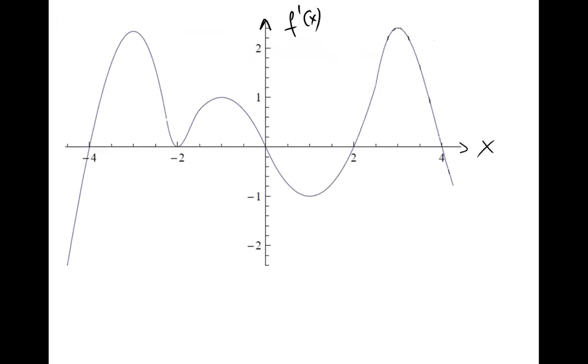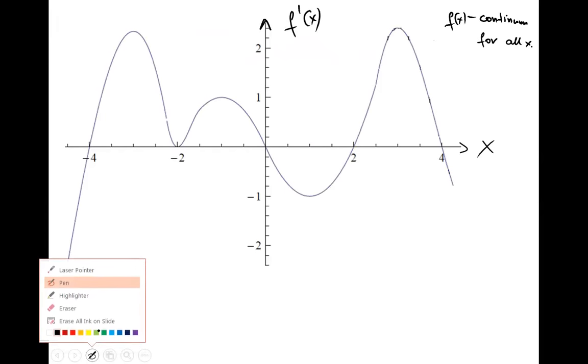Let's find out where the original function is increasing, decreasing, and where the local extreme values are located. I'm assuming that the original function is continuous for all x, so we don't have any problems excluding numbers.